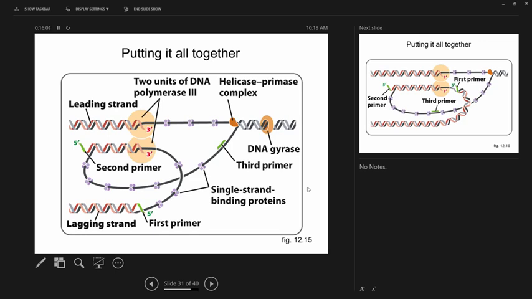The 2 tan circles represent the active sites of the DNA polymerase. As we'll see coming up, the DNA polymerase is a 3-headed monster, just like the dog in Harry Potter, right? There's one of the 3 active units that moves on the leading strand and always stays on there. As we'll see, the other 2 active polymerase subunits are going to be tag teaming to take care of the lagging strand.